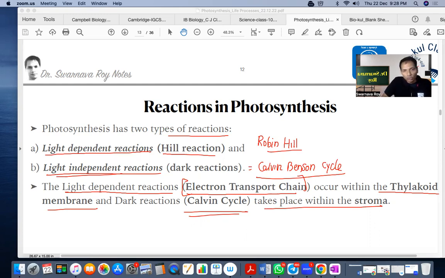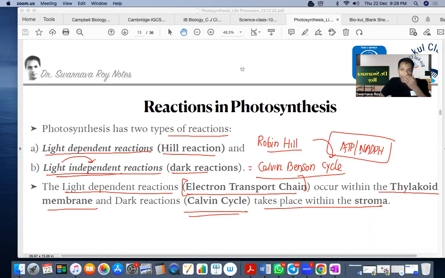One thing we need to know is that the dark reactions are called light-independent reactions. That means light is not directly required. It is indirectly required. Basically, dark reactions are dependent upon the light reactions, because light reactions supply ATP and NADPH, the assimilatory power.